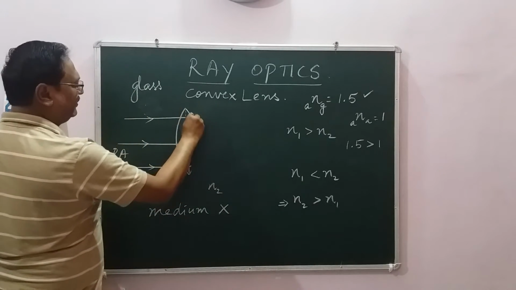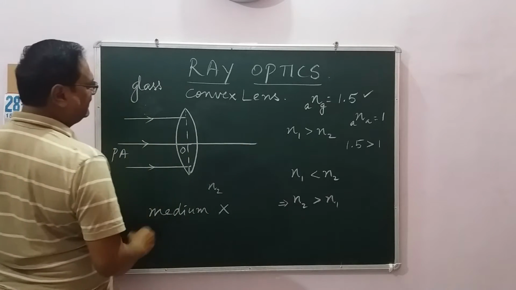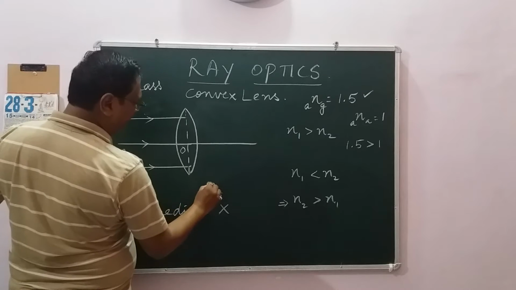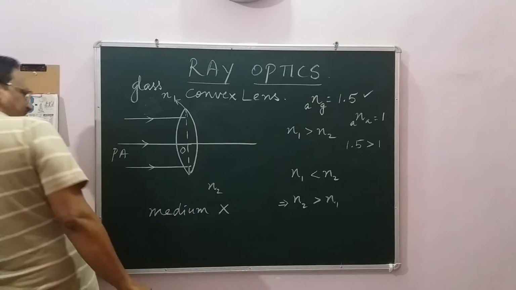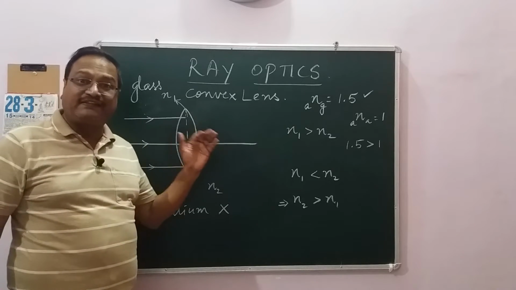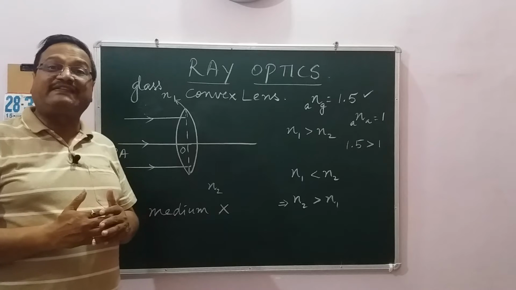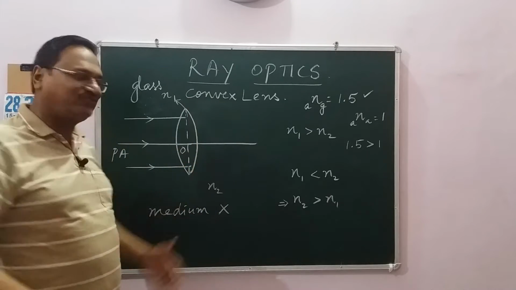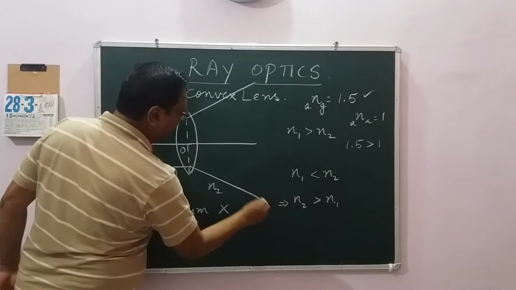See, this is the principal axis, the surrounding medium is N2, and this is N1, that of the lens we have taken. Then this convex lens will behave as a diverging lens. So instead of converging, it will diverge.